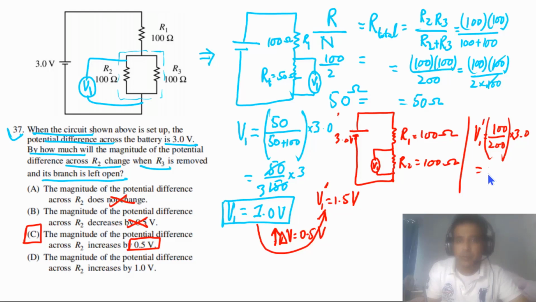If we solve this, we get 1.5 volts. So you can also use this formula to calculate. The answer for this question has to be C. Very straightforward question. I just did this in detail, but if you have a clear understanding of circuits, you can just look at the question and find the answer.